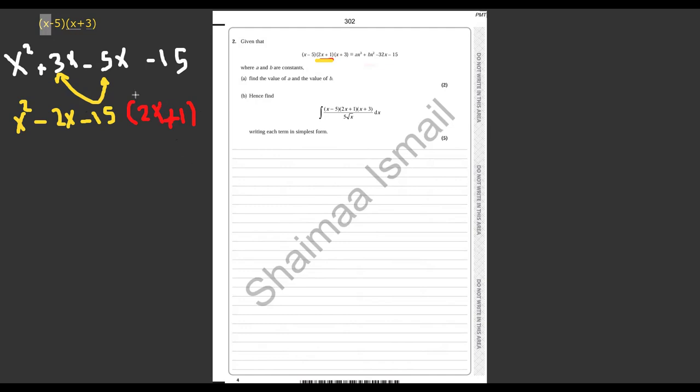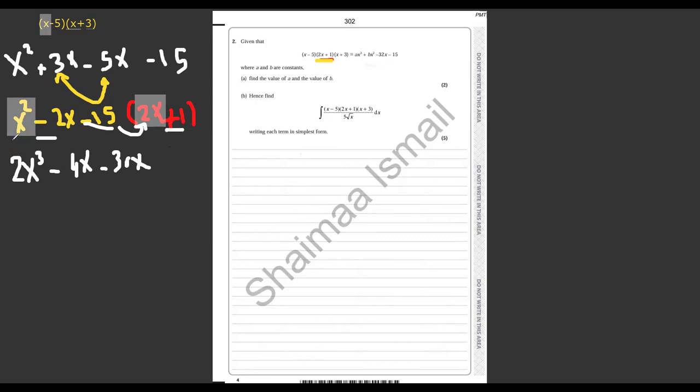Multiply the 2x by every term here, and marry the sign with this. So it will be equal to 2x cubed, then minus 4x, then minus 15 multiplied by 2, which is minus 30x.